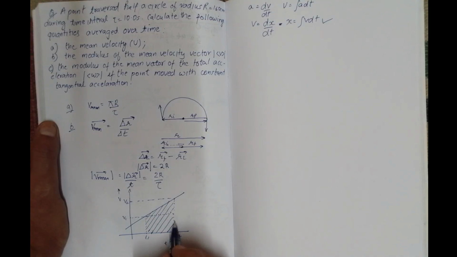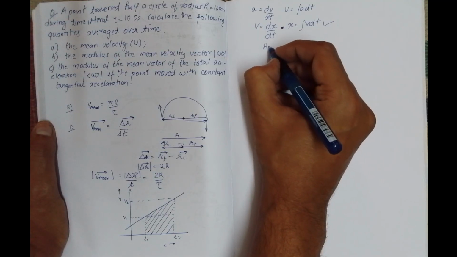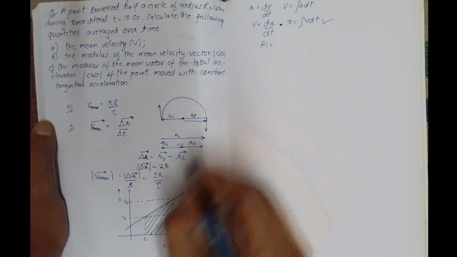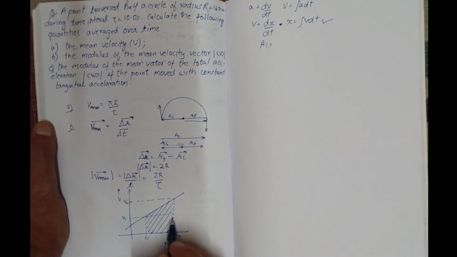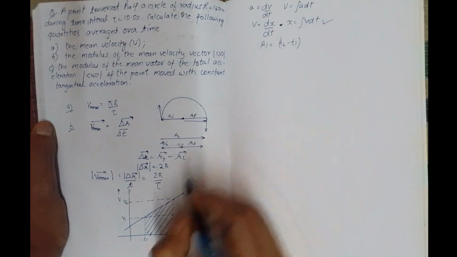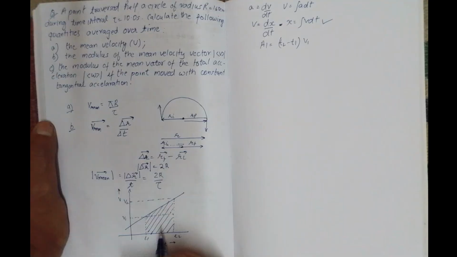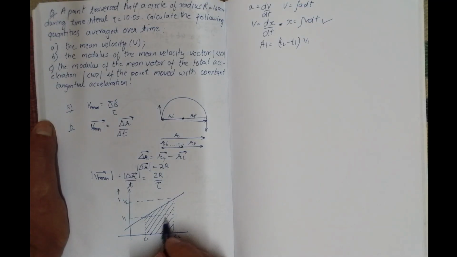So the area of this rectangle plus the area of this triangle will be the total area under this curve. Let us say the area of the rectangle is A1. So A1 will be equal to this into this. How much is this? T2 minus T1. And how much is this? V1.